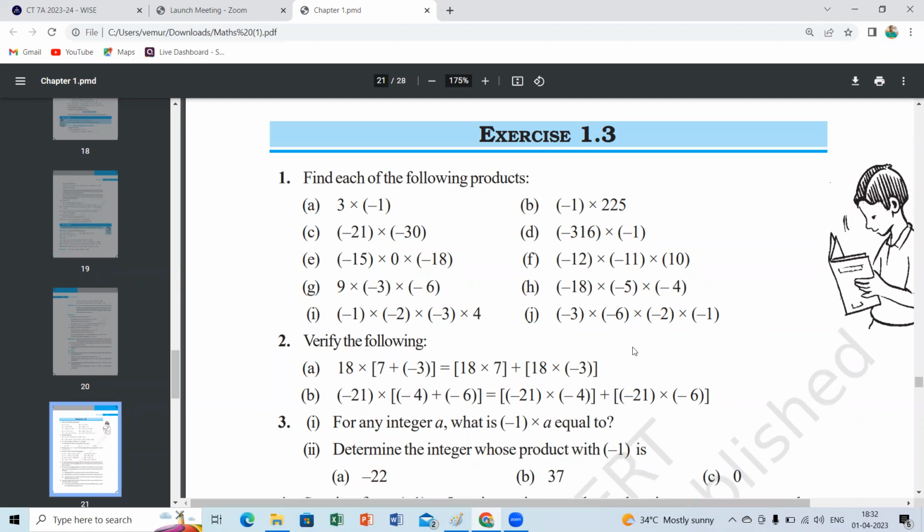No need of doing such an expression. F bit. 1 minute, ma'am, I'm telling. Yeah, Varshit. 12 into 11 into 10. Just 1 second.